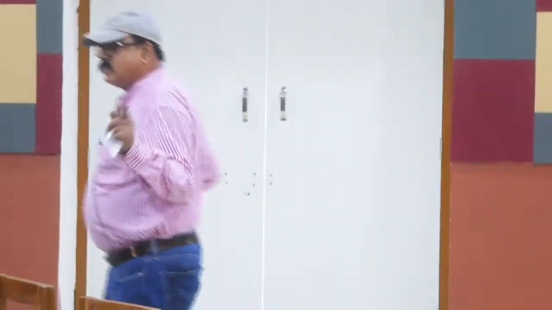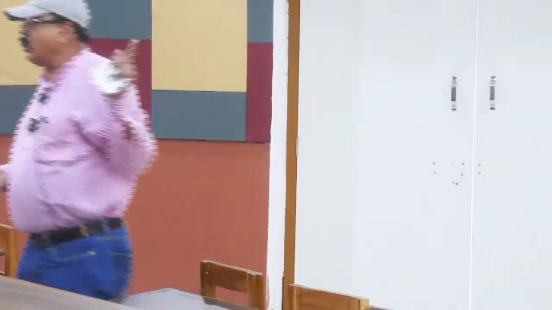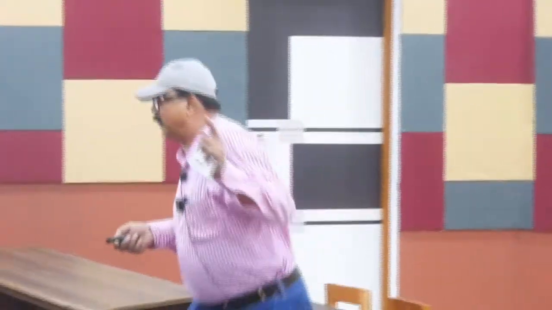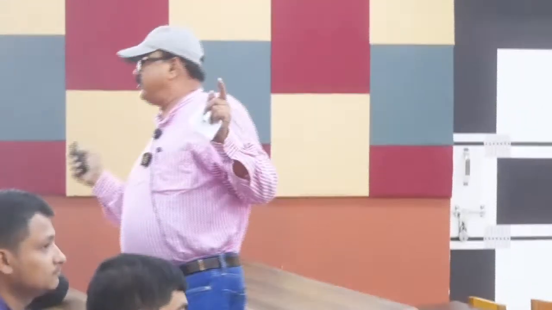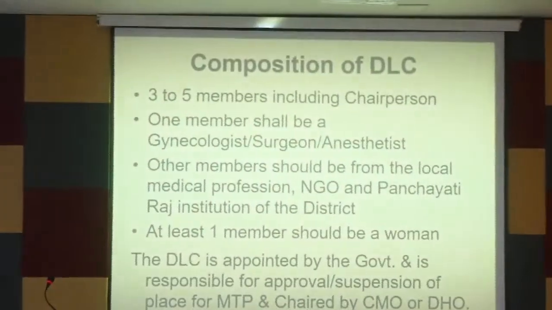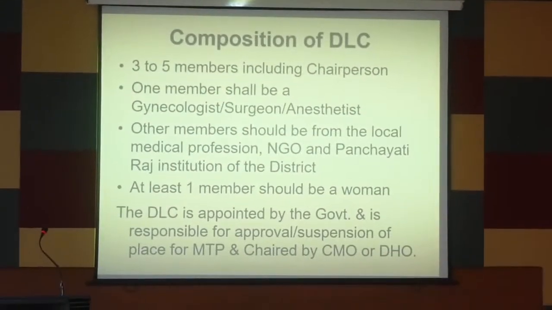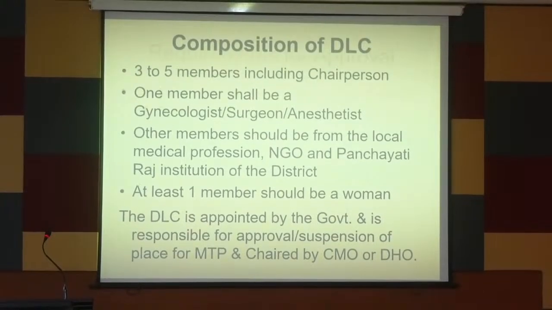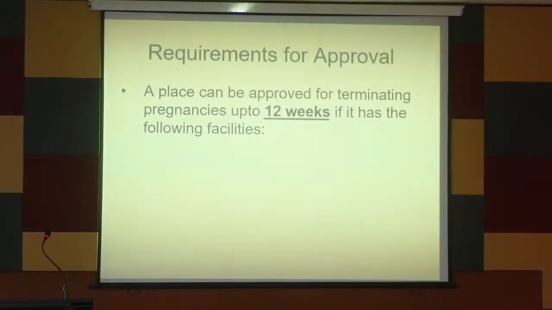Because of this, local politicians come in, because a member from the Panchayat has to be informed in cases in villages where you are dealing with a critical case. This is the place where politicians come in. Okay. So at least 1 member in that committee should be a woman. DLC, district level, appointed by the government, a responsible person. These are all rules and regulations of the Act.